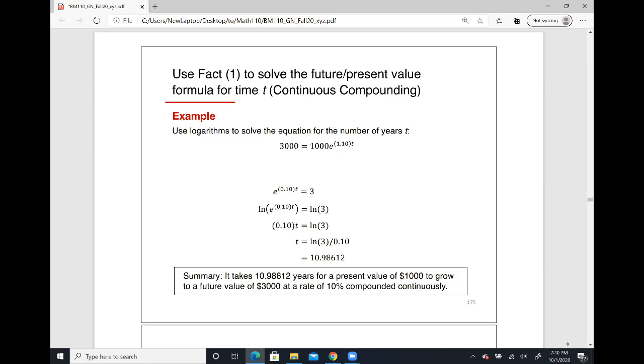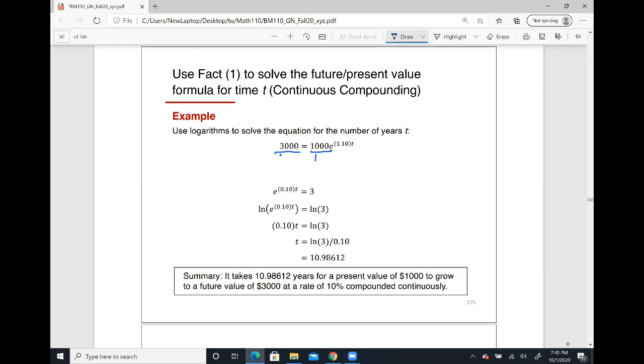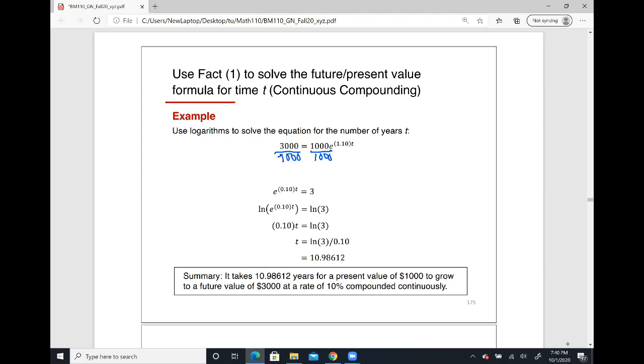For 3,000 equal to 1,000 times the exponential, firstly you divide both sides by 1,000, because you don't want the 1,000 bugging you on the right-hand side. You get to this step, e to the power 0.1t equal to 3. Now the exponential term is isolated.